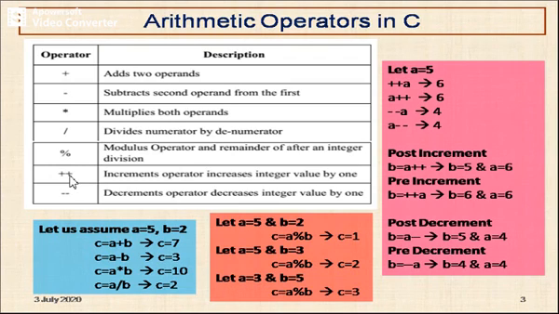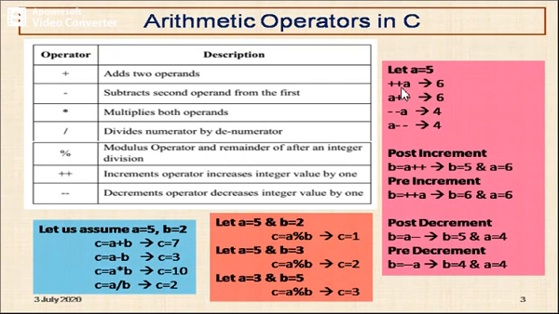The last two, increment and decrement operators, are called unary operators because only one operand, or one data, is involved. Look at the example, plus plus A. Here we have assumed A is equal to 5. So plus plus A will give us 6, because this is the increment operator. This increments the value of A by 1.